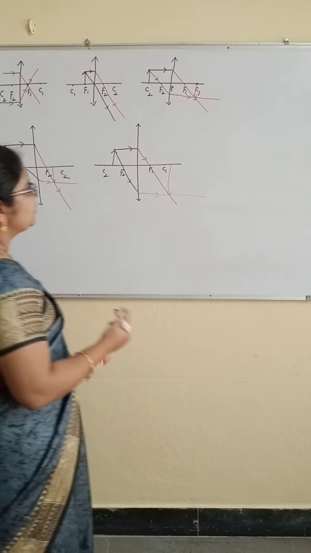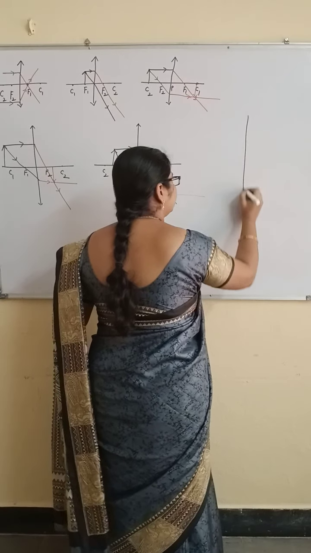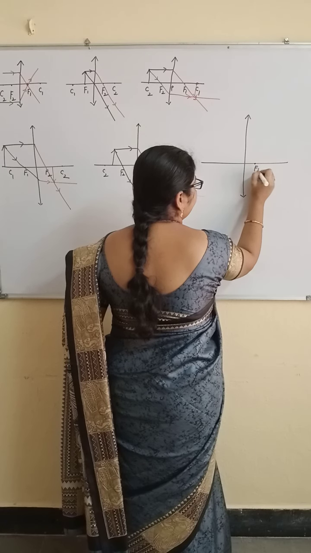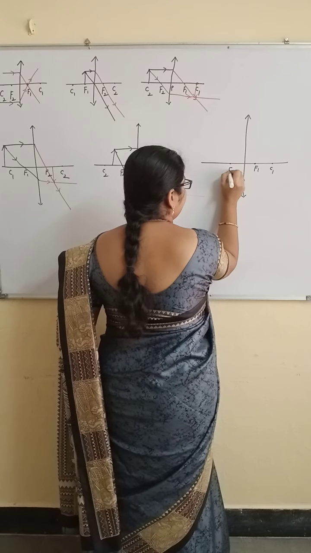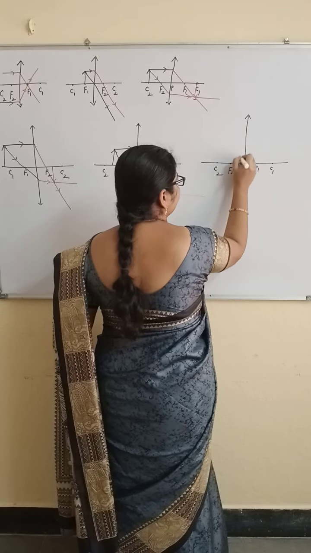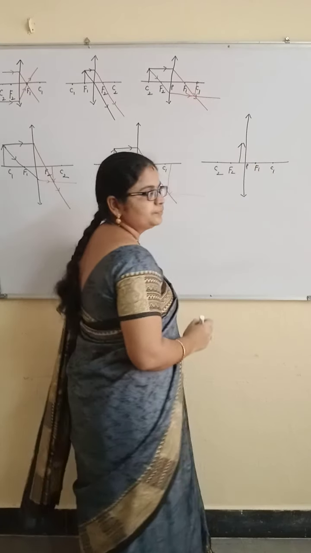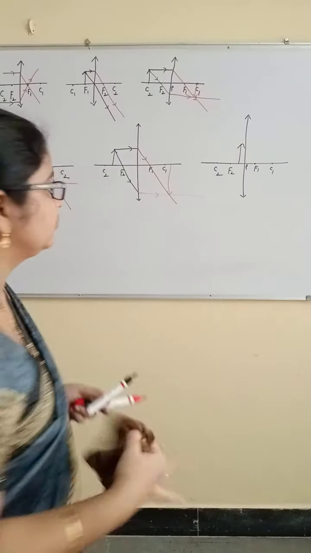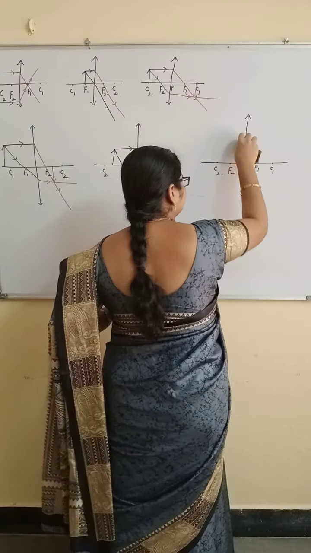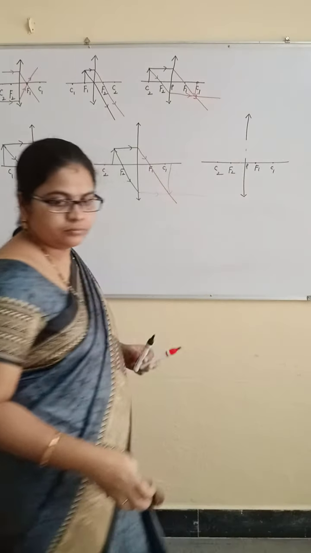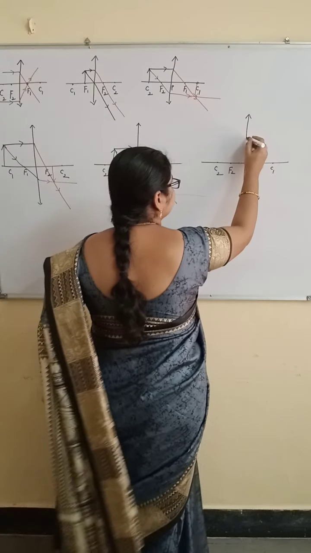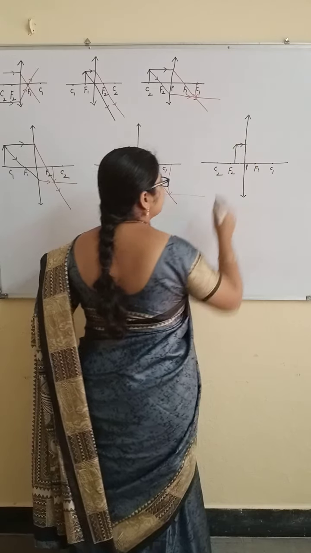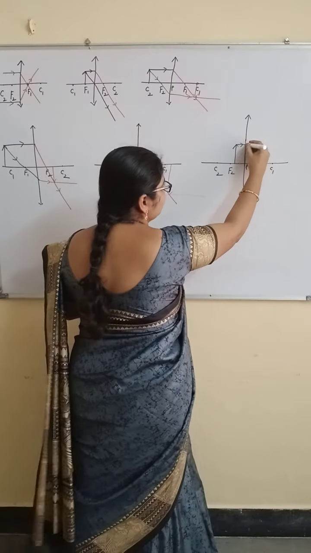Okay. Now the last one. F1, C1, F2, C2. Between pole and focus. The light ray which is parallel to the principal axis, the refracted ray passes through the focus.